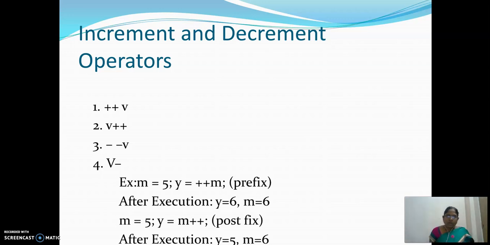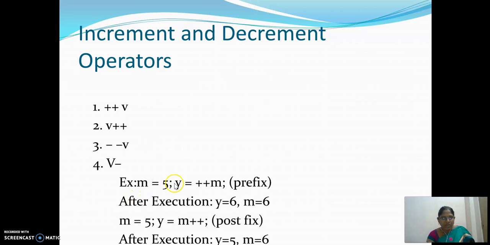If you know pre and post-increment, then the same applies for decrement also. If it is pre-increment, first the value is incremented, then it is assigned. If it is post-increment, the value is first assigned, then the value of V will be incremented.